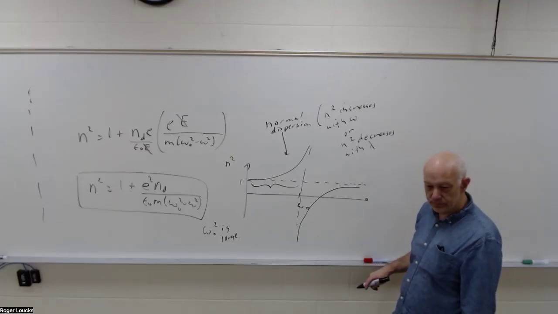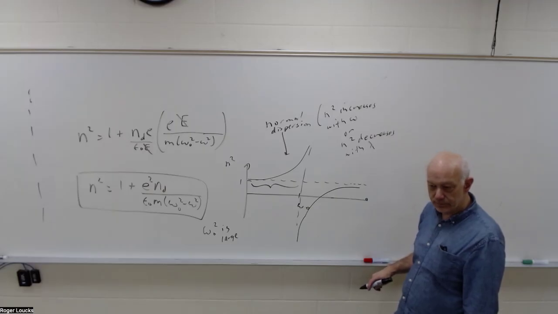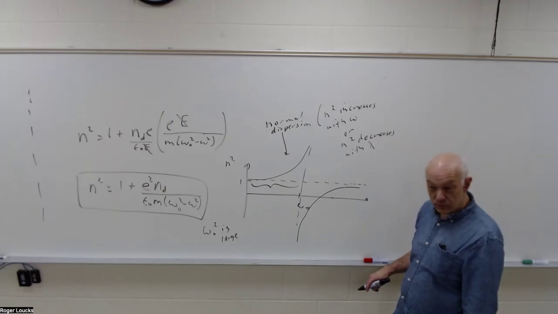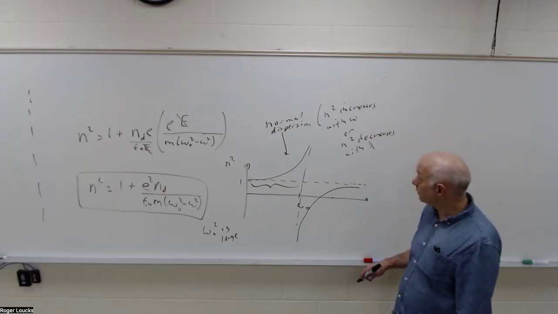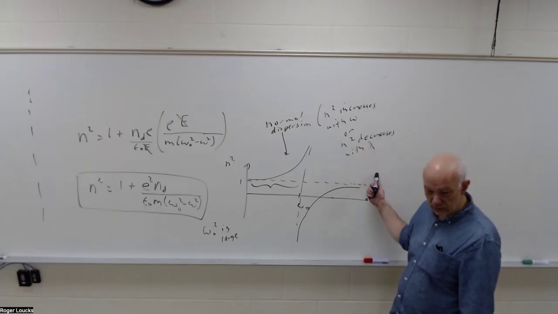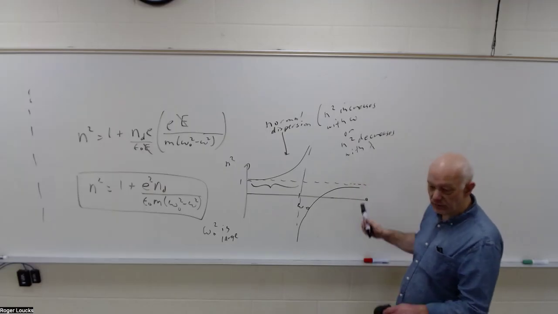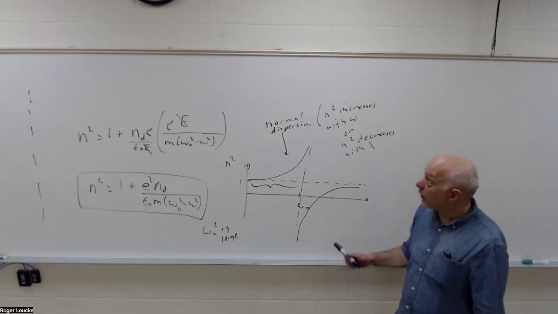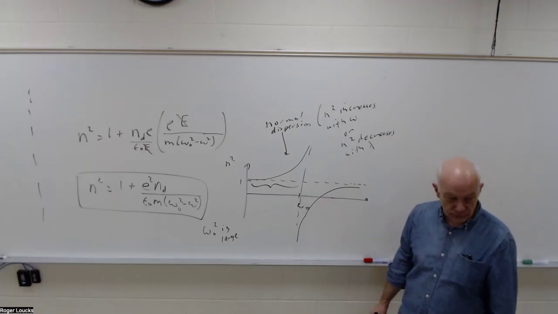How come? What is omega? 2 pi f. So if f is increasing, what is lambda doing? Decreasing. So you get the inverse relationship there. Okay, so that's just normal dispersion. Now we have to figure out how to deal with this unphysical part. Does that make sense?